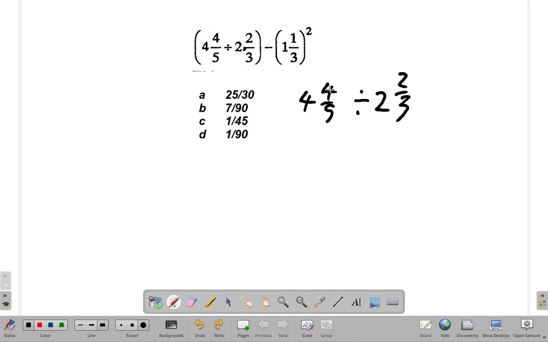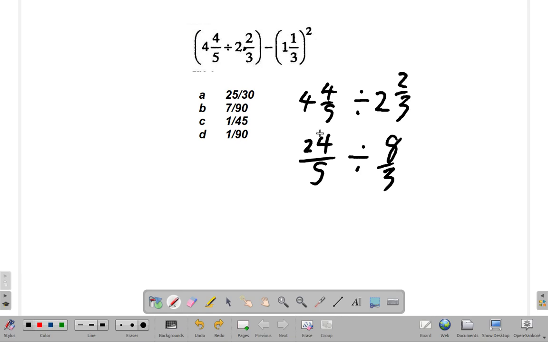5 by 4 is 20 plus 4 is 24/5. 24/5 divided by 8/3: 3 twos are 6, 6 and 2, 8, so 8/3.